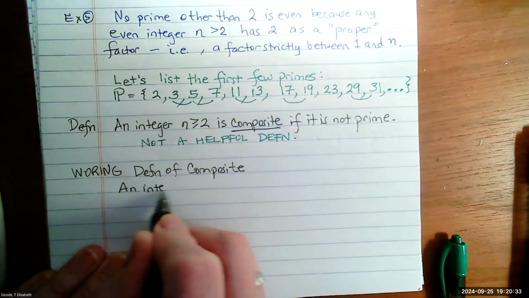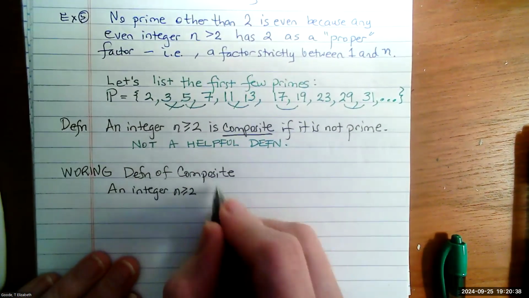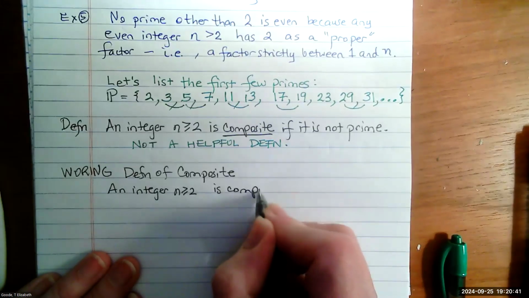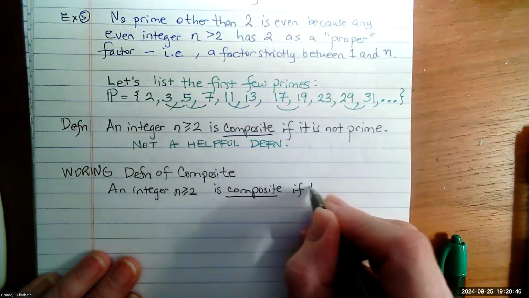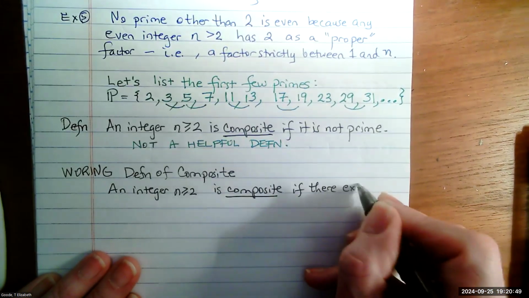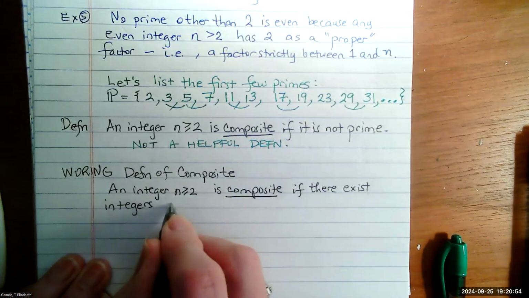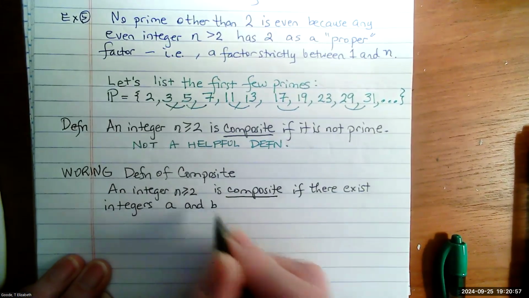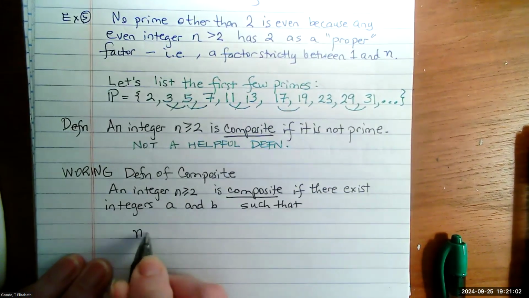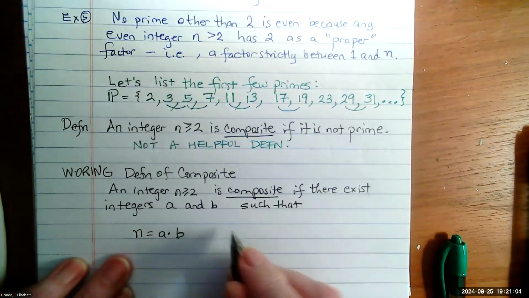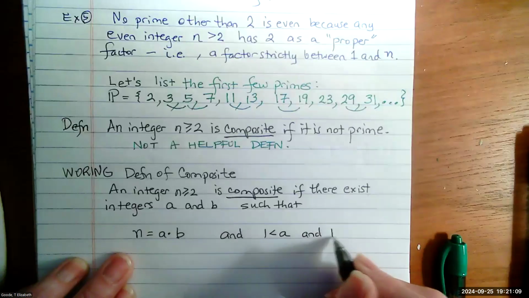An integer n greater than or equal to 2 is composite if there exist integers a and b such that n is equal to a times b, and 1 is less than a, and 1 is less than b.